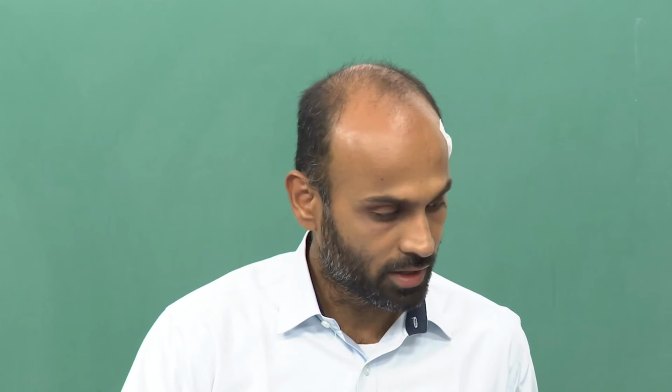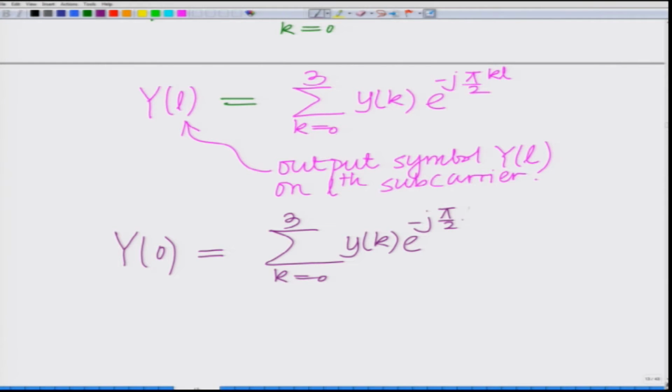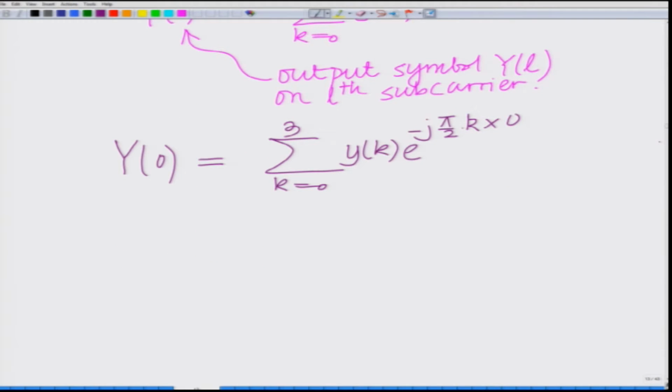All right, so now let us compute the various output symbols on the various subcarriers. So we have Y0, which equals summation k equals 0 to 3 of yk e raised to minus j pi by 2 k times L equal to 0. So, e to the power of 0 is 1.